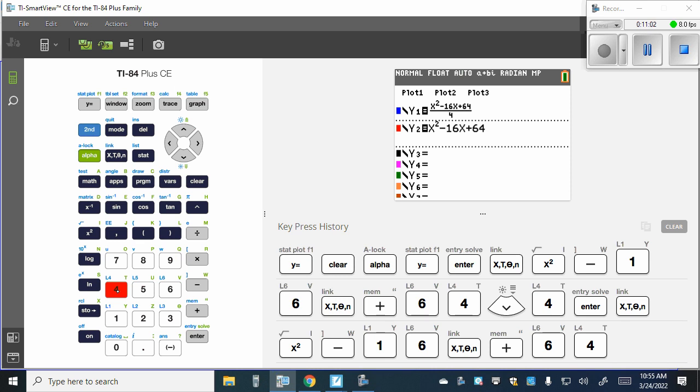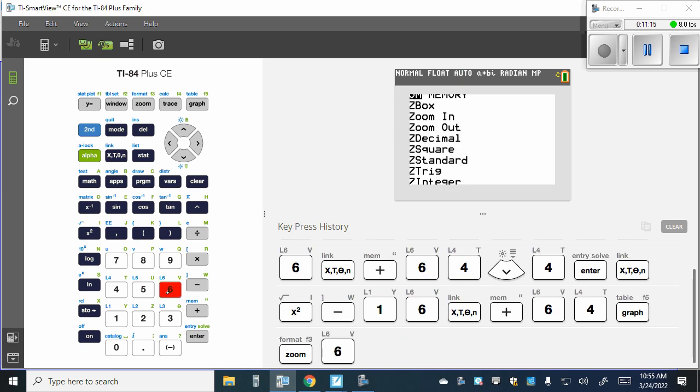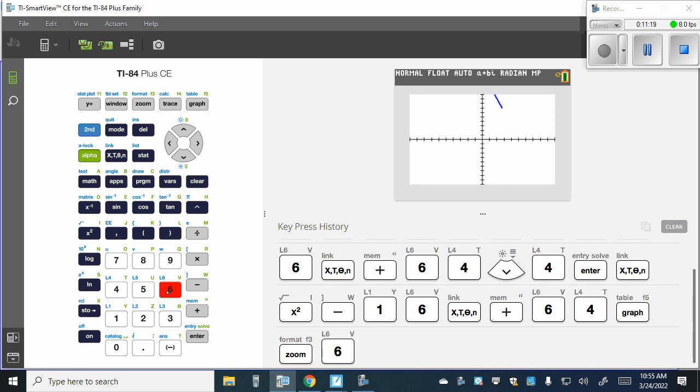So let's see what happens to the x-axis. I'll have to change the scale most likely. Zoom 6. A little better. But we see it comes down and crosses right there. And the other one does the exact same thing, yes? Let's say zoom fit.